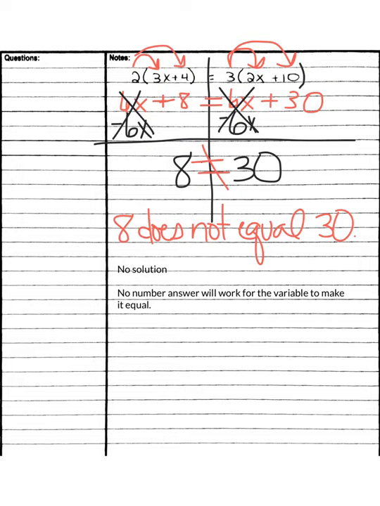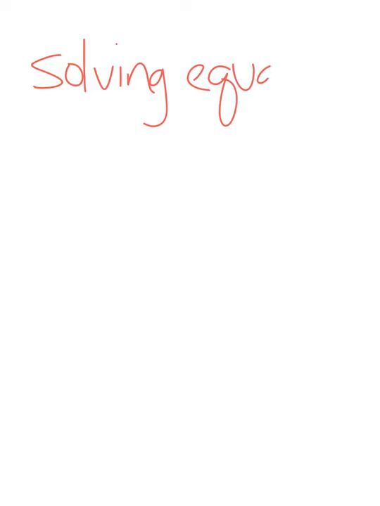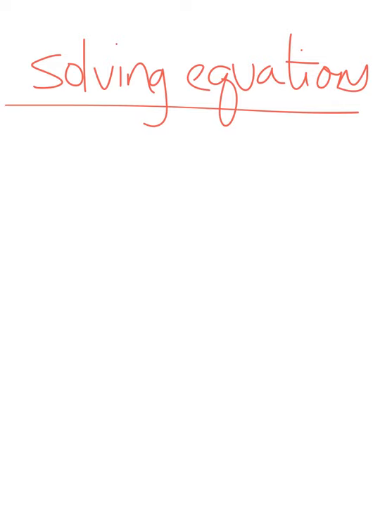So let's review the 3 kinds of answers that we can get anytime we solve equations. When we are solving equations, there are 3 different kinds of answers. The most common answer, the one that we've seen so far, is just one solution, where one answer works.